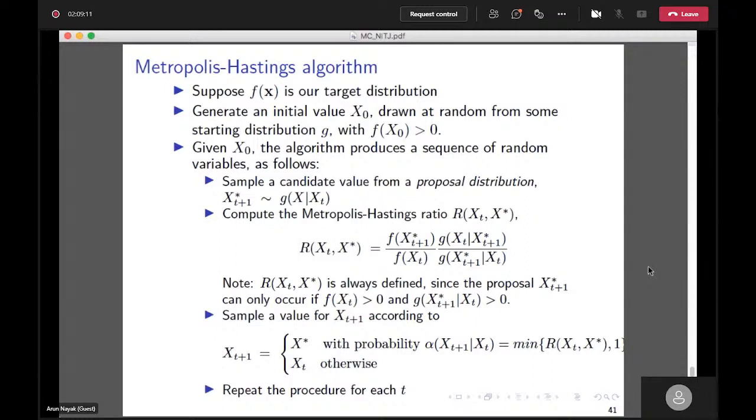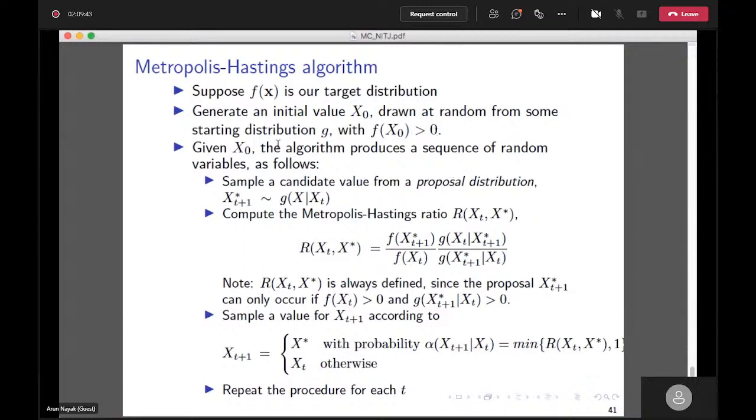Now you can start with some arbitrary initial value x0, drawn from some starting distribution g. This can be a flat uniform distribution, a Gaussian, or any other distribution, for which f of x0 is greater than 0.